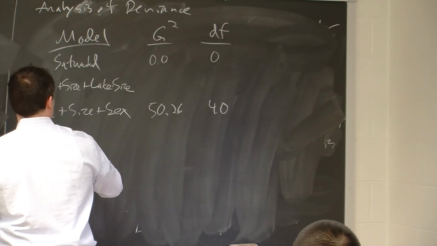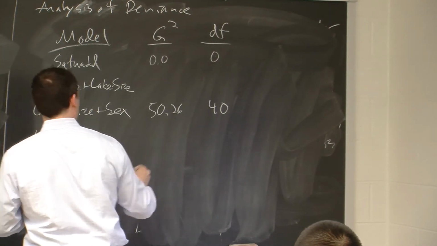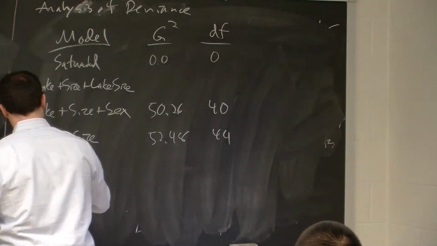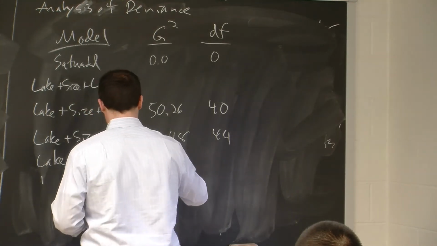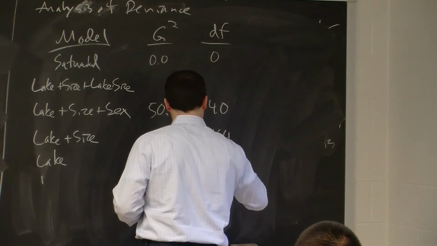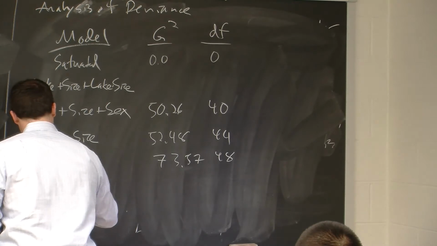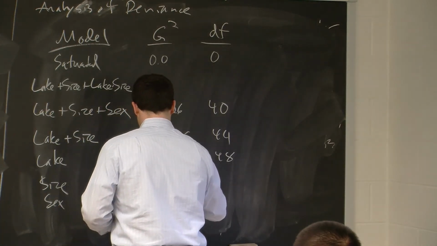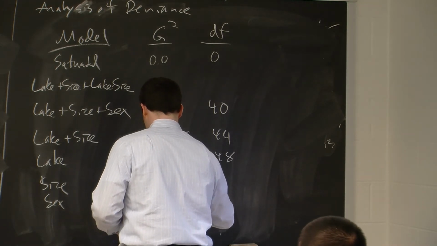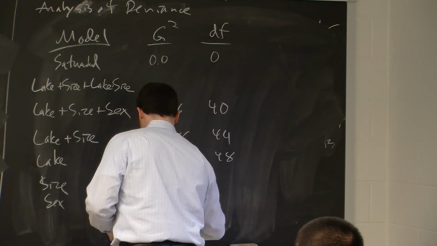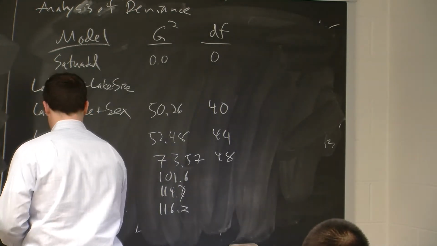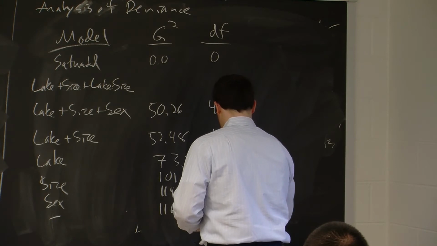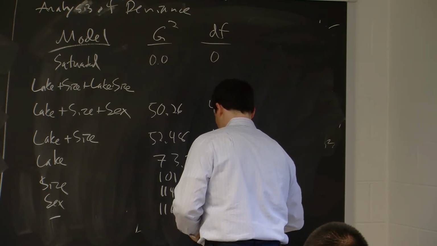I could drop gender after seeing that the coefficients are not significant and get 52.48 with 44. Then lake alone, size alone, gender alone, 101.6, 114.7, and 116.7, and at the bottom, nothing. Degrees of freedom 48, 56, 56, 60.